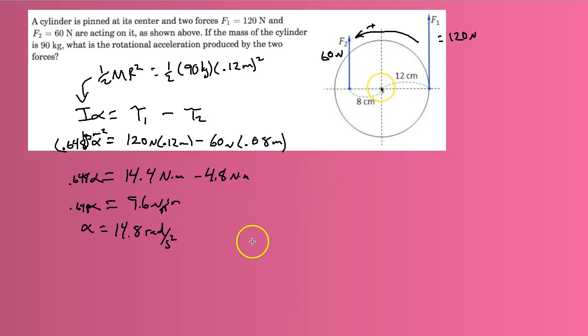And we could even find out if there's a particle on the outside what linear acceleration it's experiencing. If we multiply that by the radius, we would get an acceleration of about 1.78 meters per second squared.